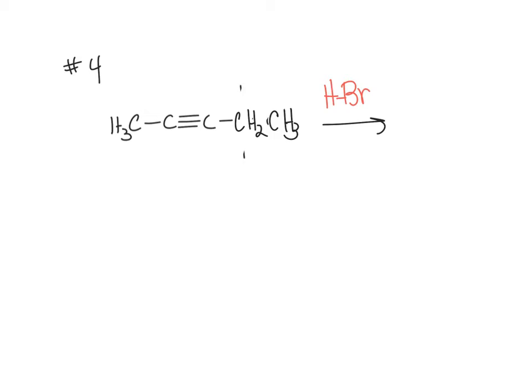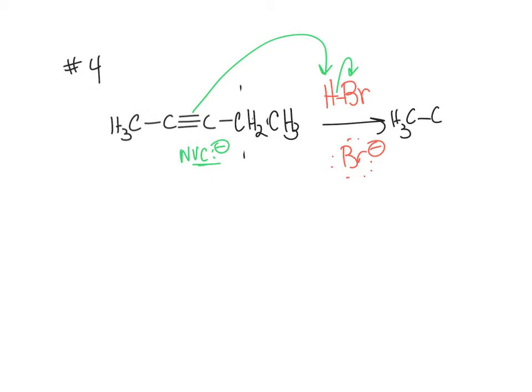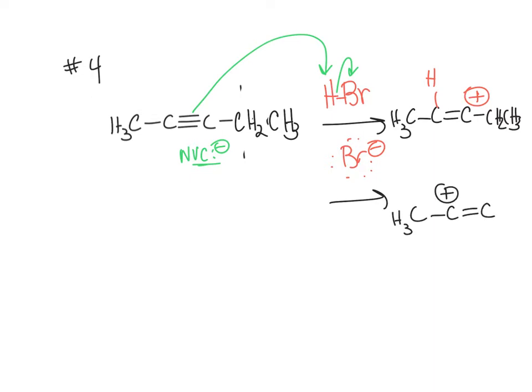All right, so this is your nucleophile, and you're going to add the proton. That's going to generate the bromide anion, and you can get H going here, and that gives one carbocation, or you can get the hydrogen going to the other carbon.